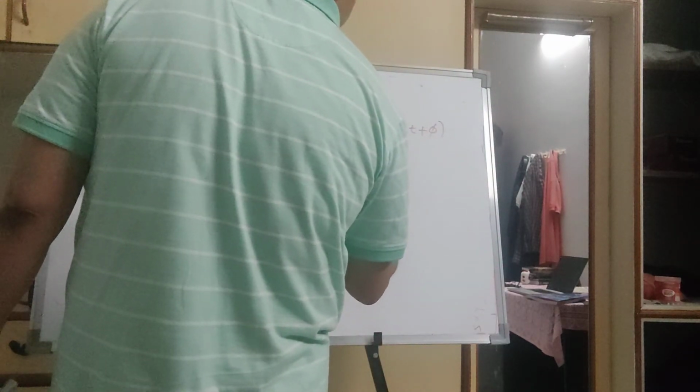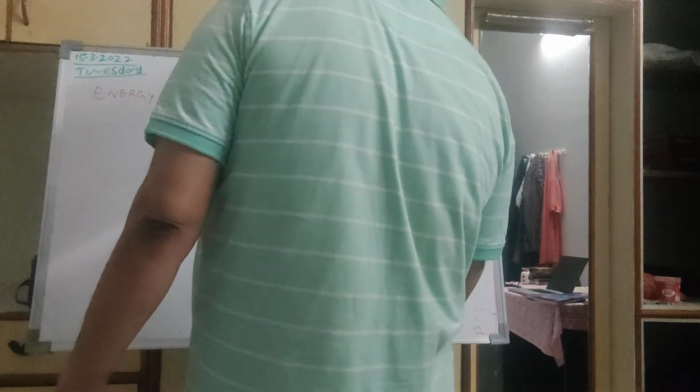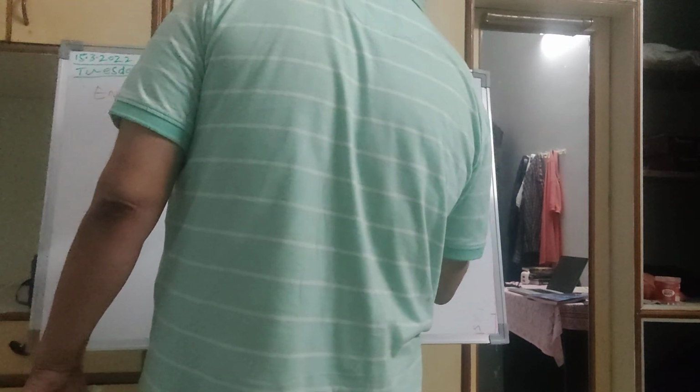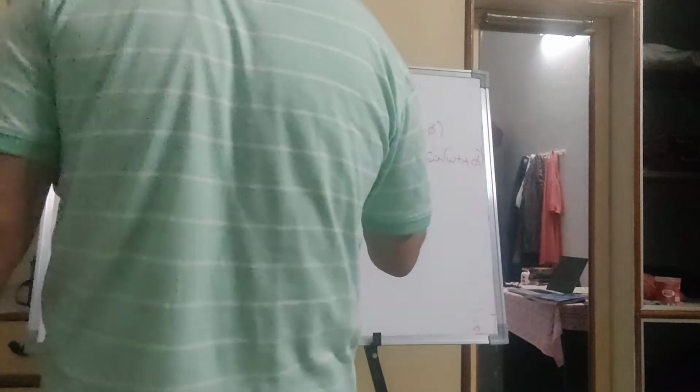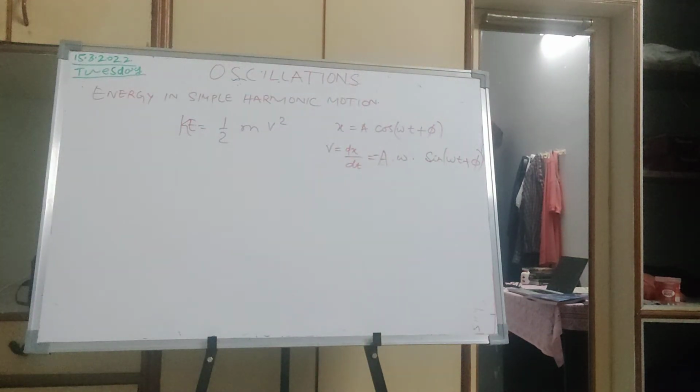Then we have derived that velocity is equal to dx by dt, which is a into omega, then sine(omega t plus phi), and there is a minus sign here. The derivative of cos omega t is minus omega sine omega t. Okay, so that is the expression we have got.